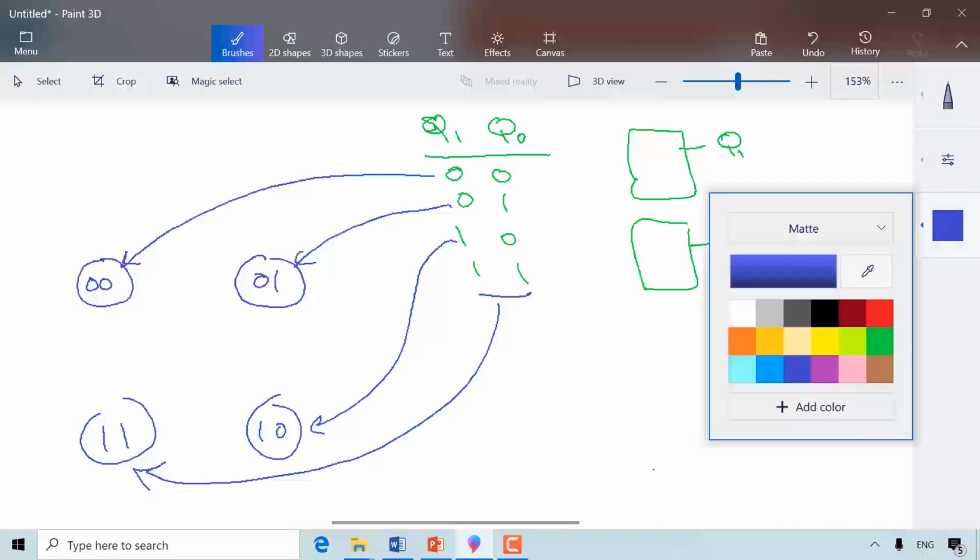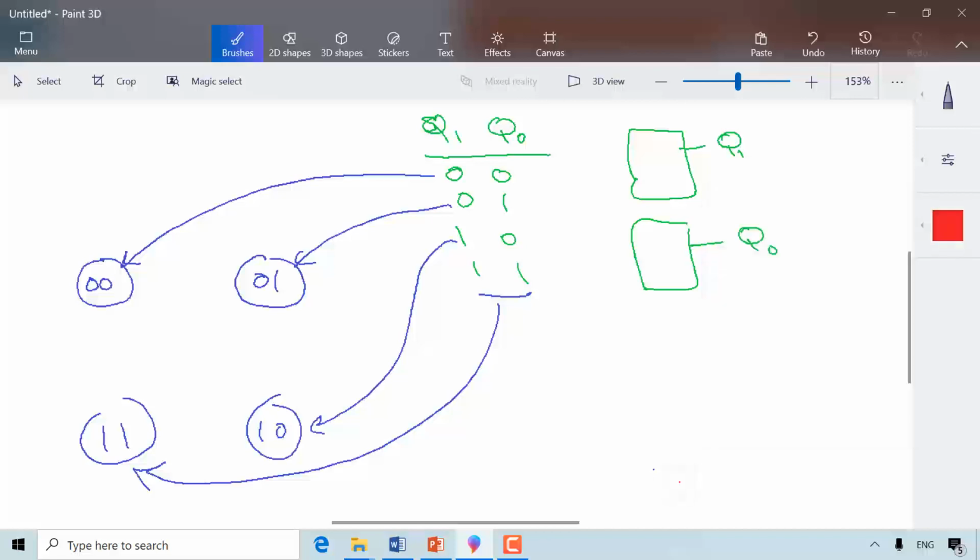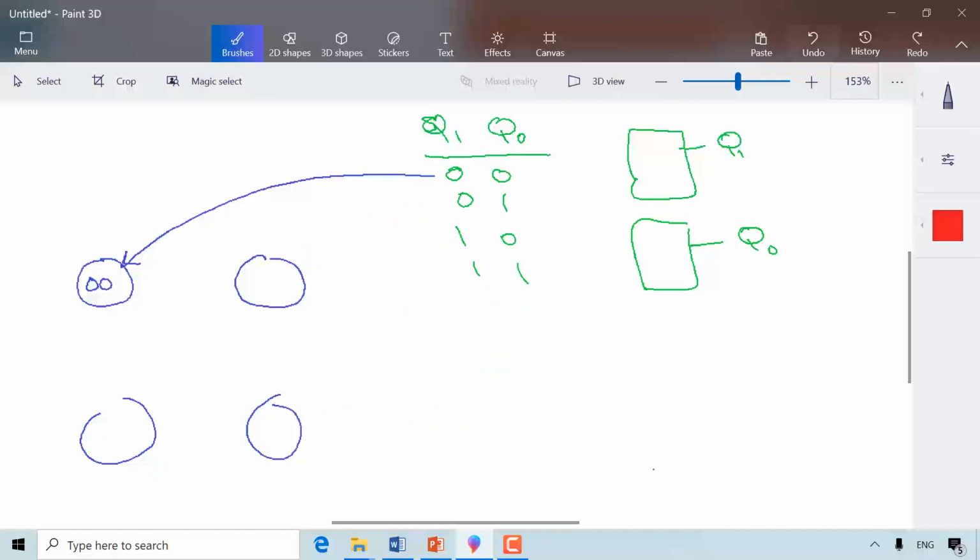Then what I do is I start having transitions for these states. So I'll have here 0, 0, 0, 1, 1, 0, sorry, and 1, 1. So the transition is as follows.